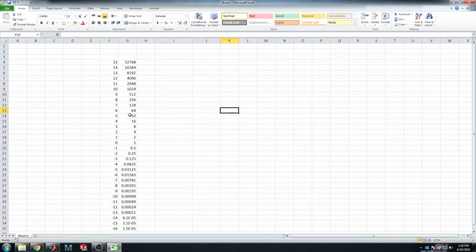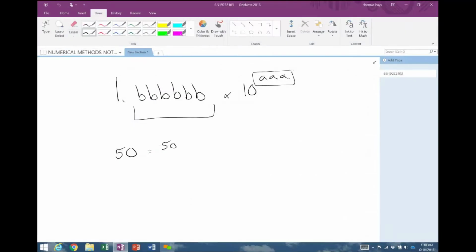That works just right. So we'll take 50 divided by 2 to the 5th, which is 32. So in the end it becomes 50 divided by 32. And if we pull that math out, that becomes 1.5625.